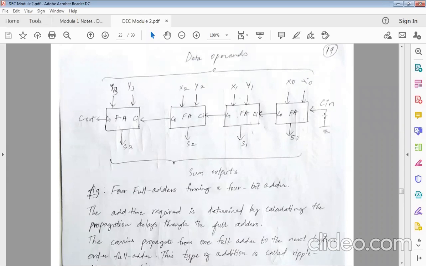Okay, so this is my carry in. FA is nothing but your full adder. S0 is your sum for x0 and y0. The parameters get added in the full adder and the sum comes out. Then your carry out is here. The carry out which comes here in the first stage is actually the input to the second stage, C in, which is nothing but your carry in.